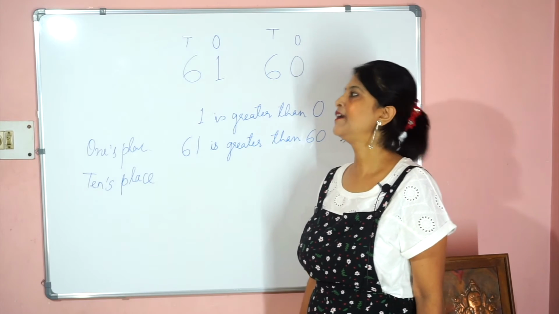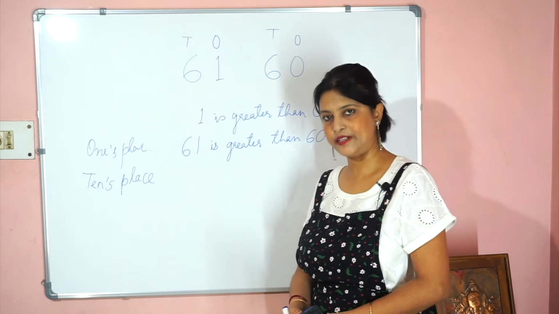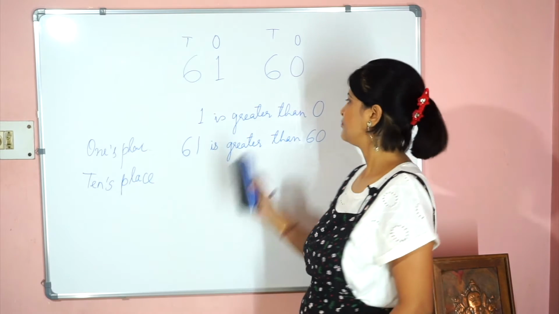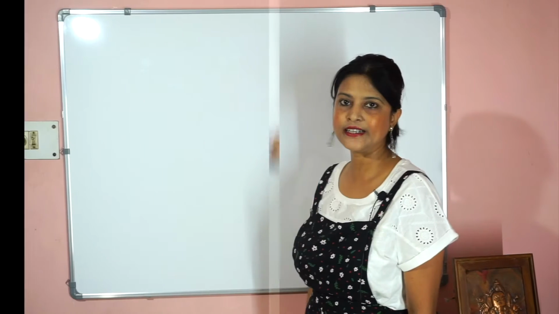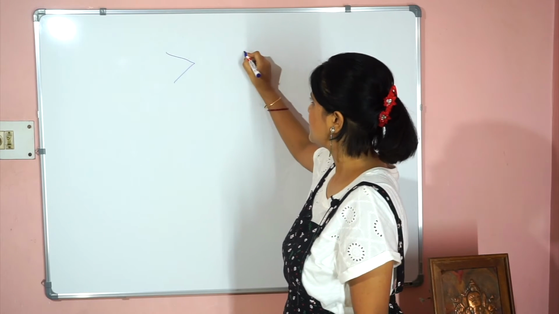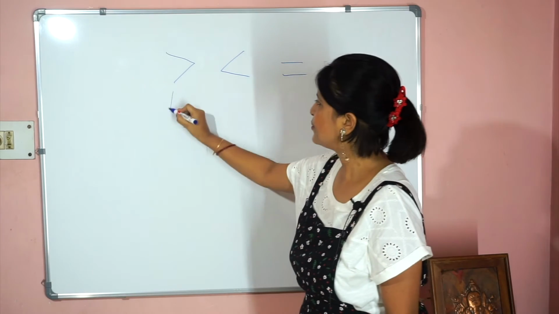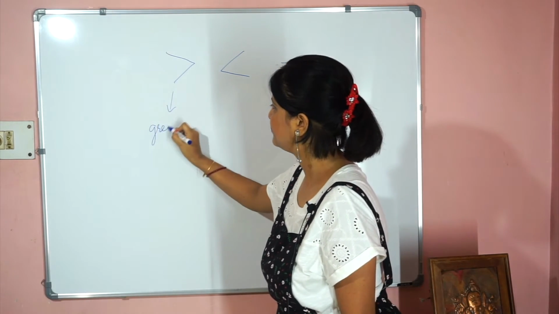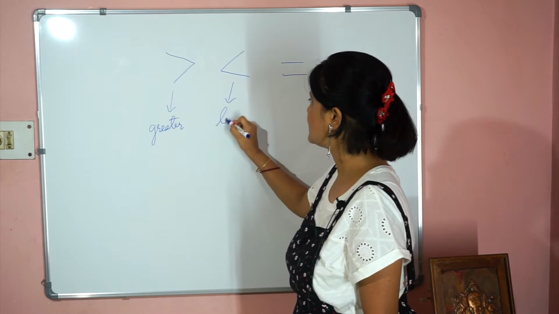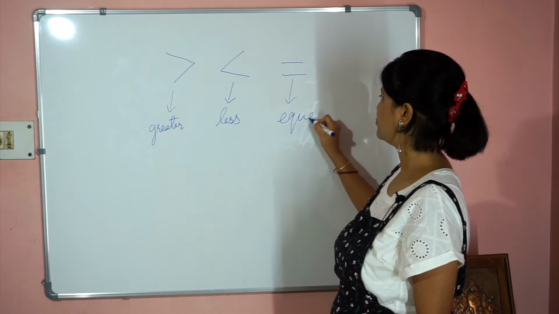Now let us learn about the symbols that are used to denote greater than, less than or equal to. These are the symbols. This one and this one. This denotes greater than. This denotes less than. And this denotes equal to.